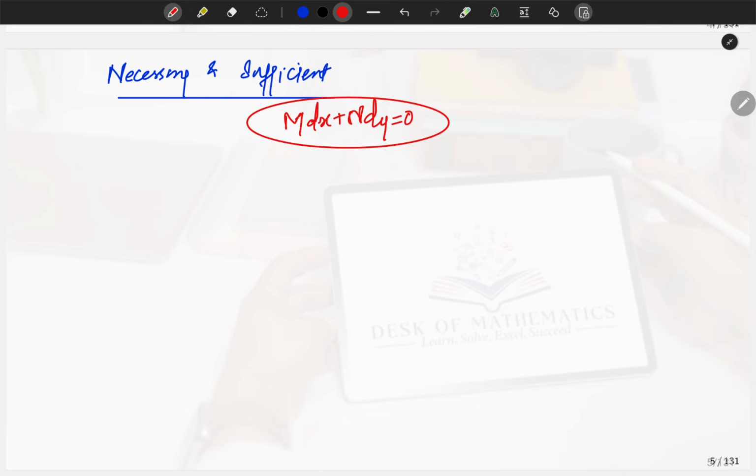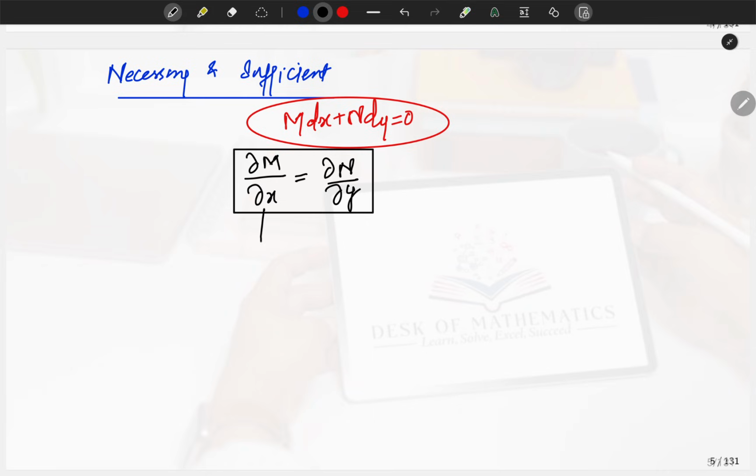The necessary and sufficient condition is that dou M by dou y should be equal to dou N by dou x. If this is true, then we say that it is exact. What does it mean? It means that we are differentiating the coefficient of dx with respect to y only, and the coefficient of dy with respect to x only.